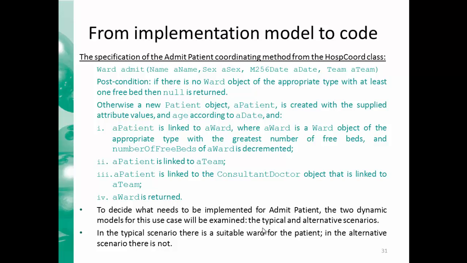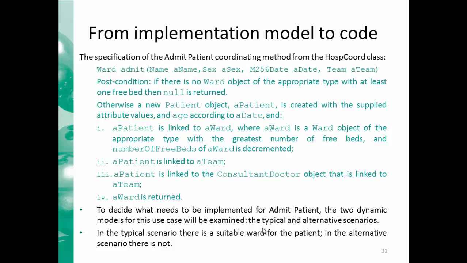And this method's post condition says if there is no ward object of the appropriate type, whether male or female, with at least one free bed, then a null is returned. Means if you can find the right ward, a female or a male ward, with one empty bed, then the patient will be admitted, otherwise a null will be returned.